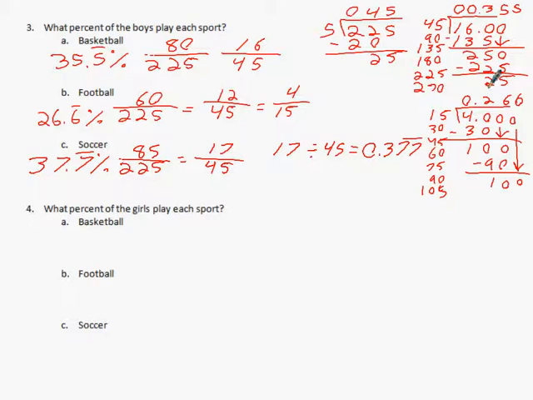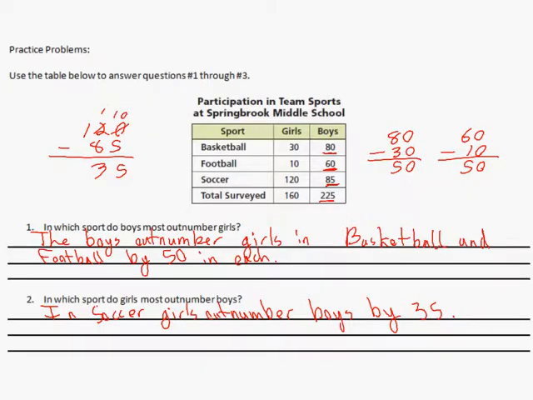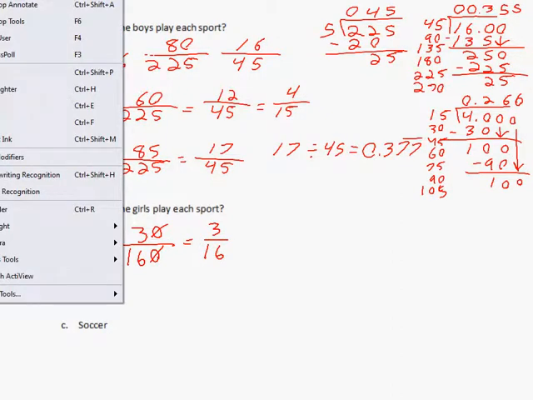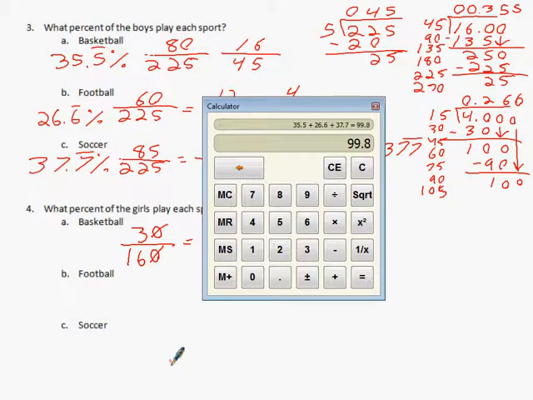So we're just going to repeat all of these steps again. Let me go back. Girls are 30, 10, and 120 out of 160. So the first one is 30 out of 160. I'm going to simplify this fraction. First, I'm going to get rid of the zeros. Now I have 3 over 16. Once again, since it's the same step over and over again, I'm going to use a calculator.